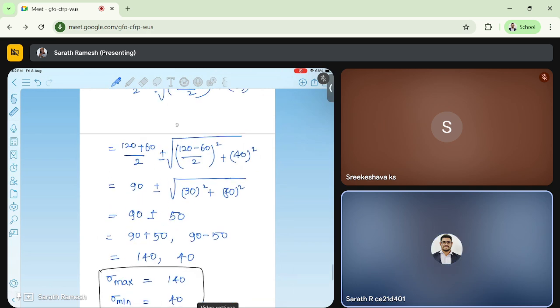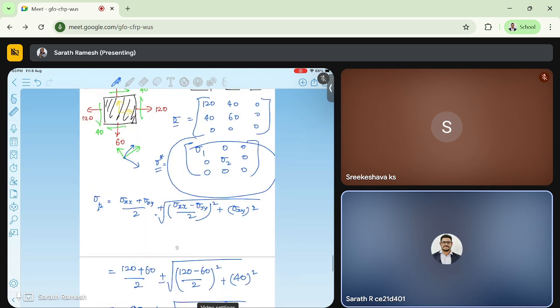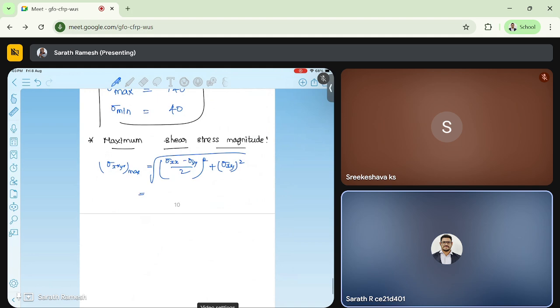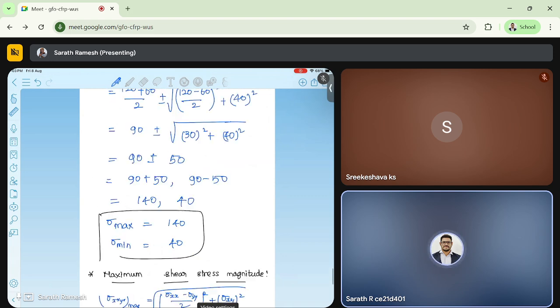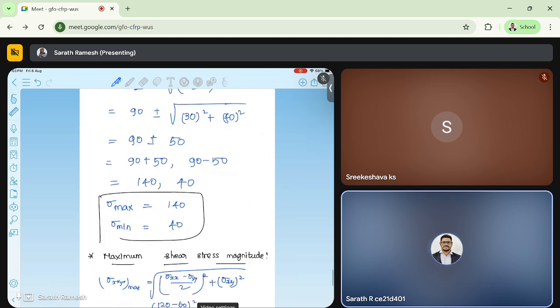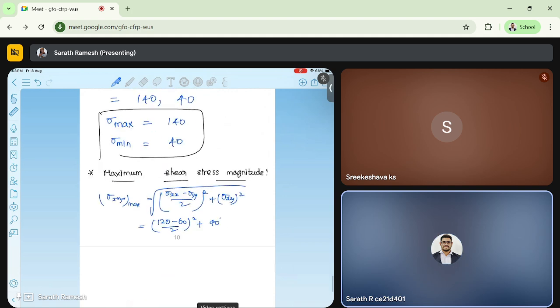That is ((120 minus 60) by 2) whole square plus 40 square. 120 minus 60 is 60, 60 by 2 is 30, and that gives 50.